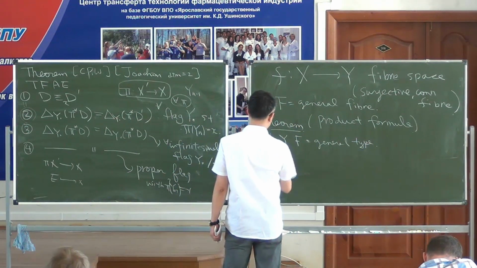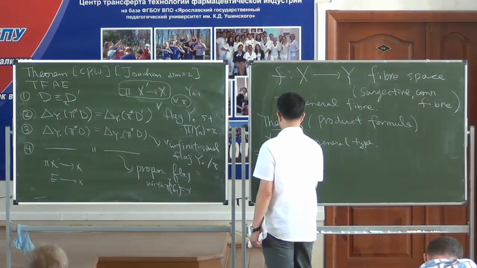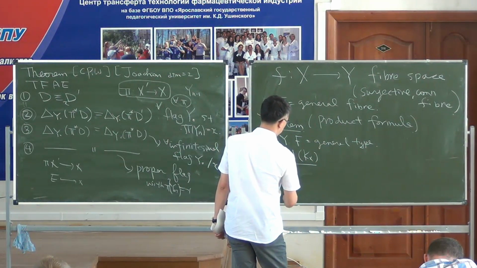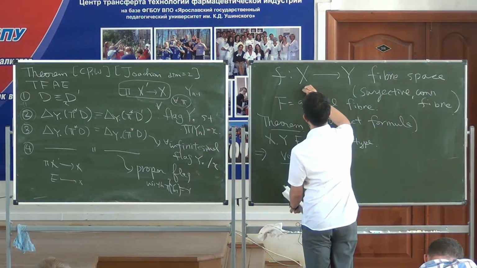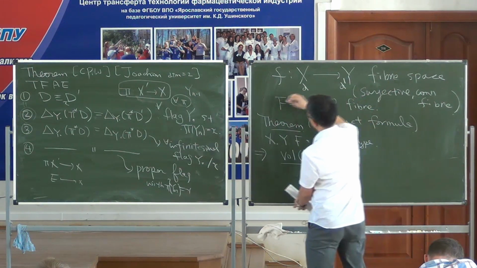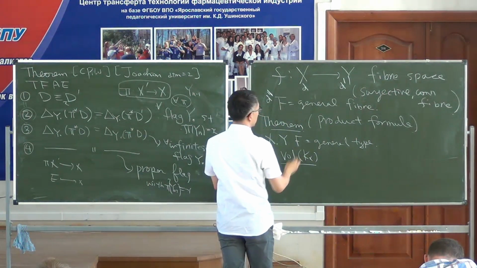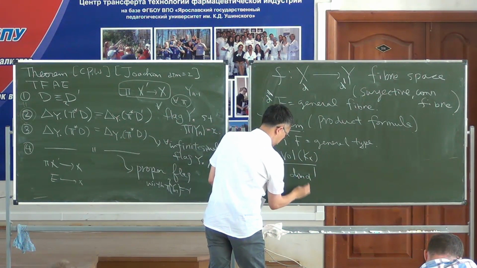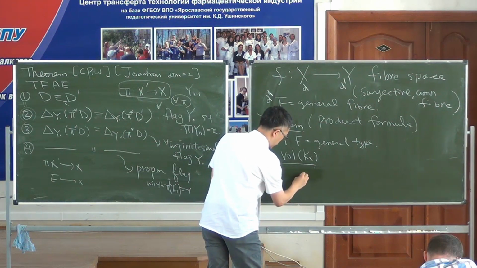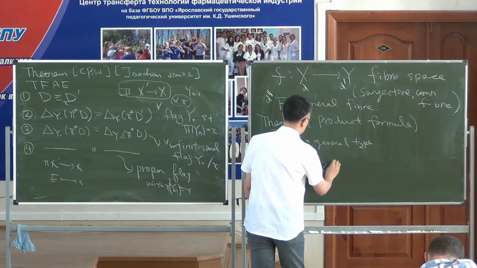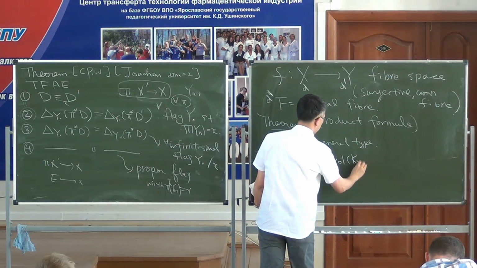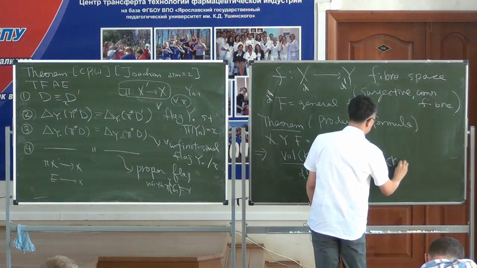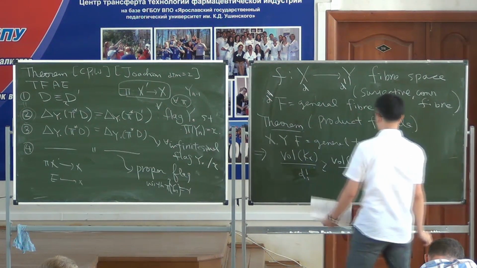Then this product formula says the volume of Kx, let's say the dimensions are D, D prime, and D double prime, is D factorial over D prime factorial times D double prime factorial, times volume of Ky times volume of Kf.